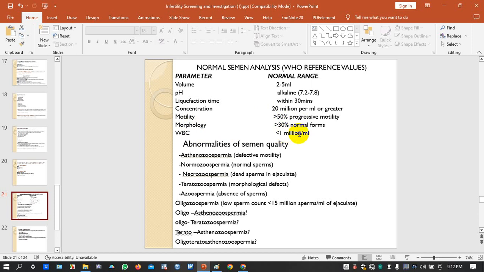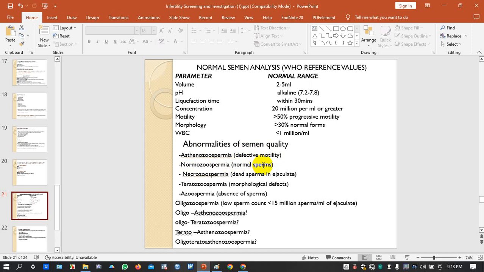WBC should be less than 1 million per ml. Higher than 1 million per ml means there is an infection in the semen. Abnormalities of semen quality. Okay, so if we say asthenozoospermia, meaning that the person has defective sperm motility, the sperms are not able to move.